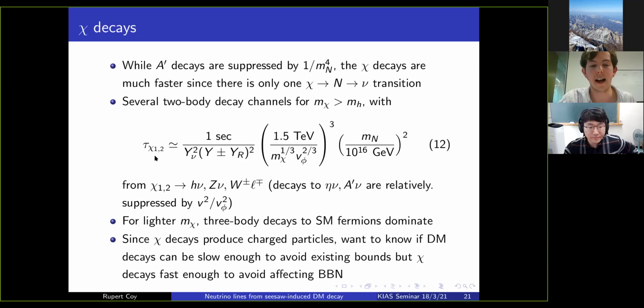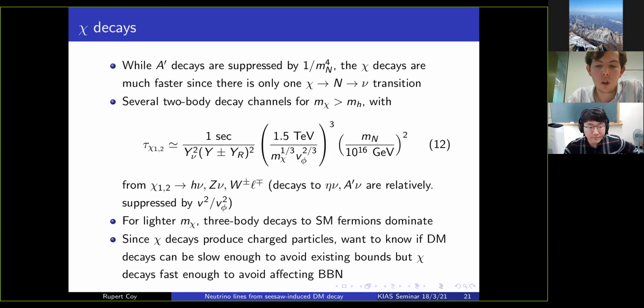And if you go to an even lighter chi, then you have a smaller width because you have a three-body decay to fermions. And so this lifetime is suggestively put at around about 1 second, and that makes us immediately worry about BBN, because these decays produce charged and relativistic particles.